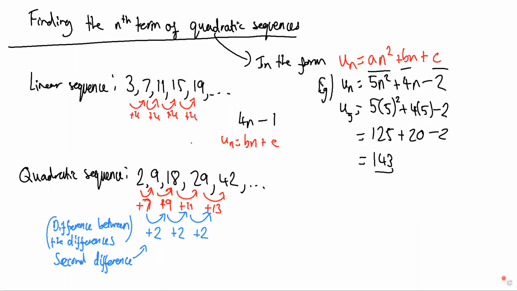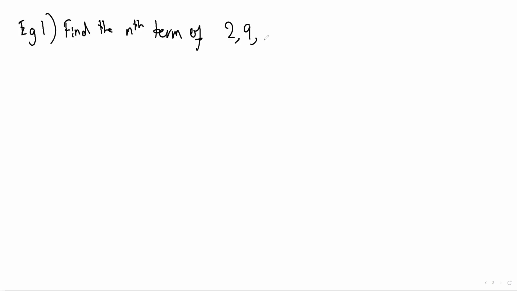So now let's figure out how to find the nth term of this sequence. The question might ask you to find the nth term of this sequence. And whenever you're looking to find the nth term of a sequence, you always want to have 4 terms at the very least, but ideally 5 terms of the sequence already.